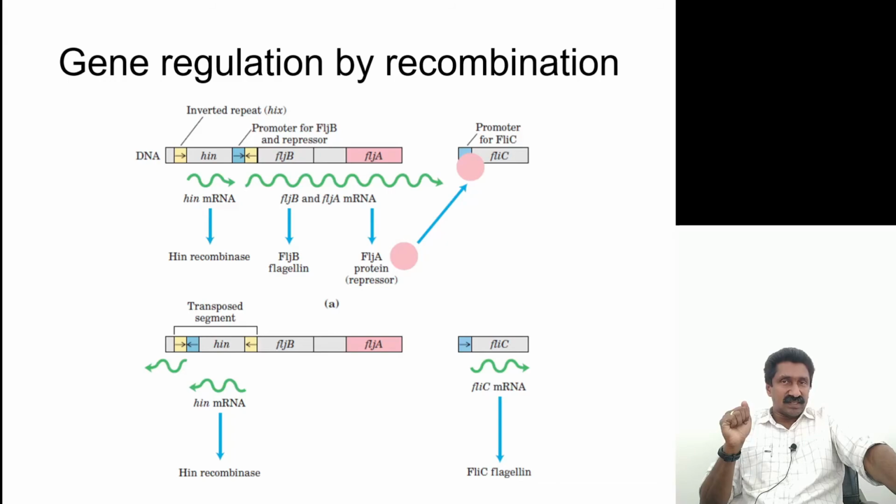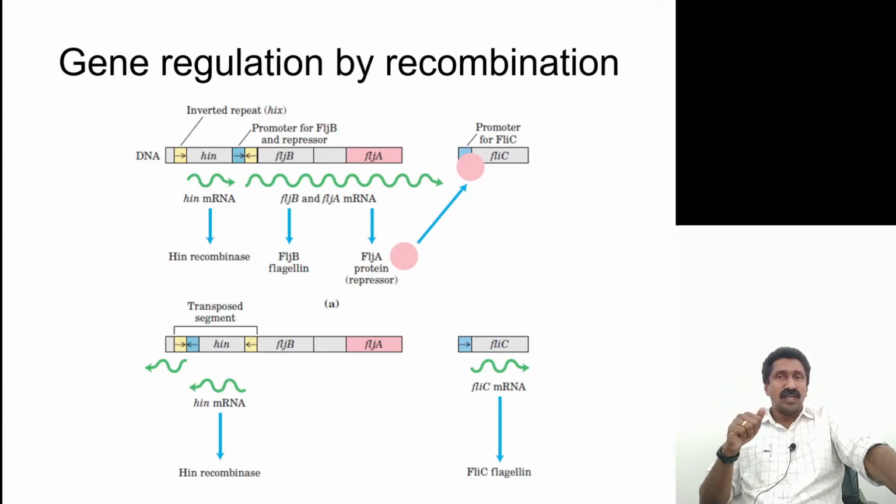If it is in the correct direction, both genes will be coded. Along with the fljB flagellin, the fljA repressor, which is required to block the coding of fliC, is also coded, and it will block the transcription of fliC.